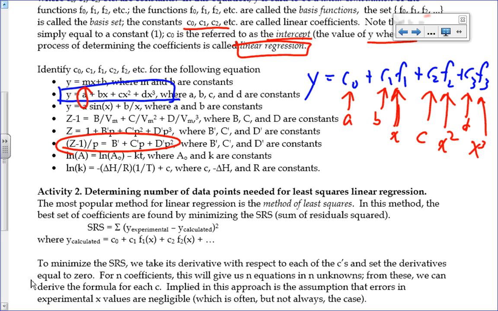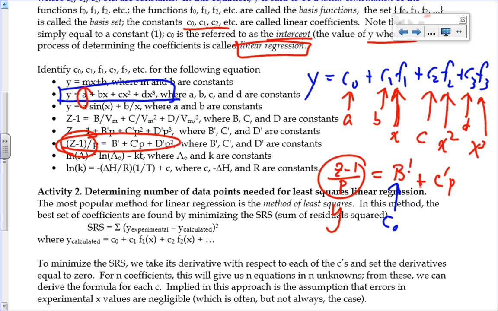Okay, so what about this one? I'm going to call this my y, c minus 1 over p. I'm going to call that my y, equals c0. So my b prime is my c0, okay, plus c prime p.